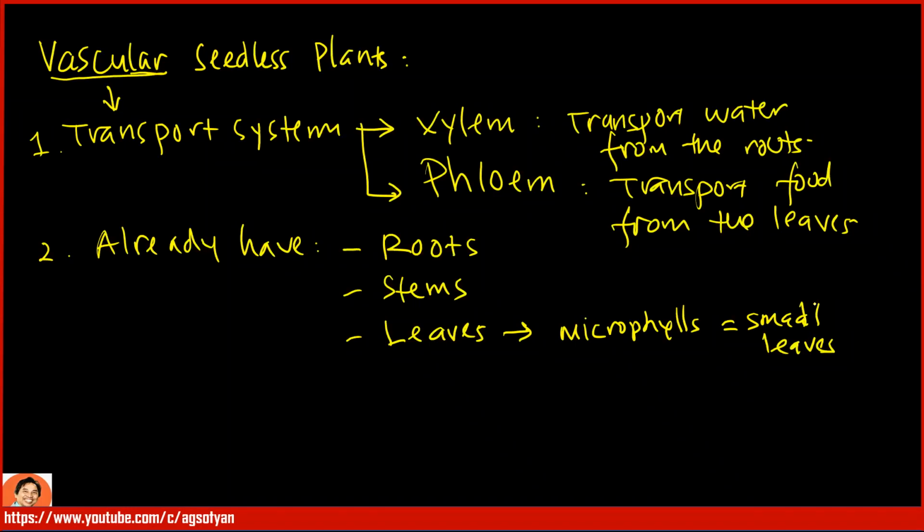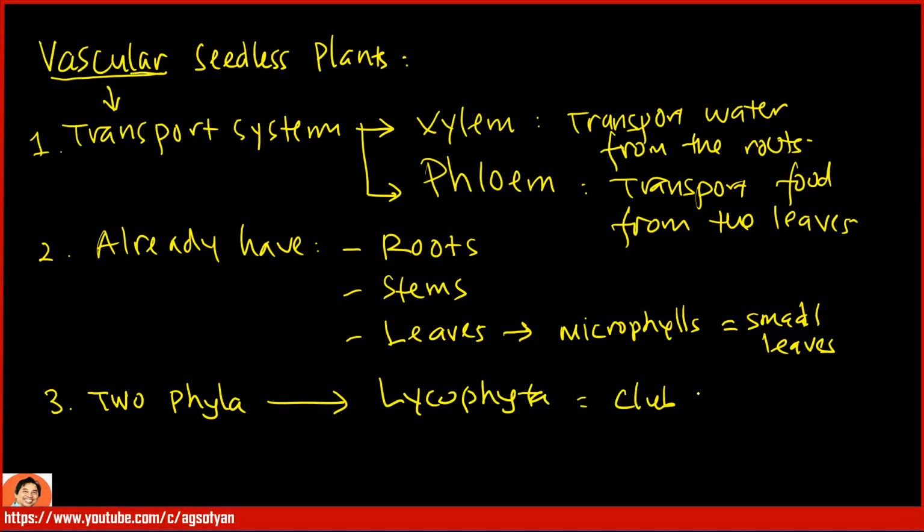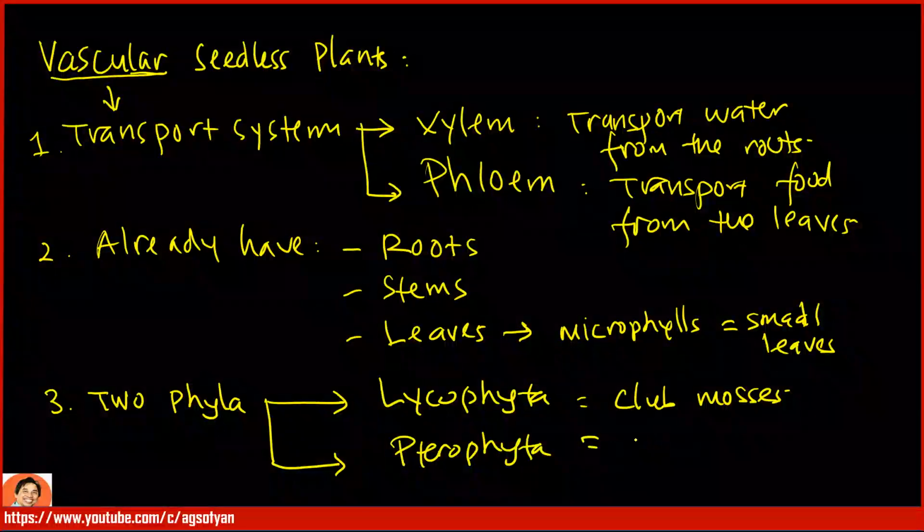This leaf does not really have a transport system in it. So this is the vascular seedless plant, and again, it has two phyla: Lycophyta, also known as the club mosses, and Pterophyta, which is known as ferns.